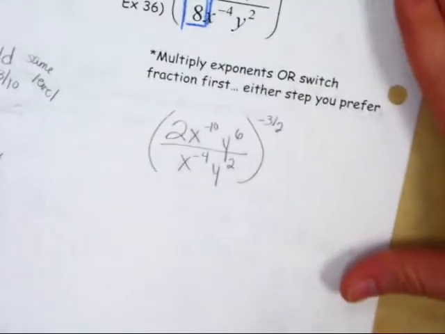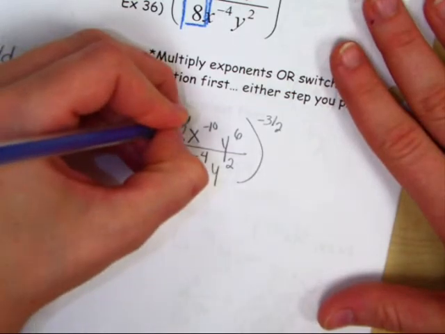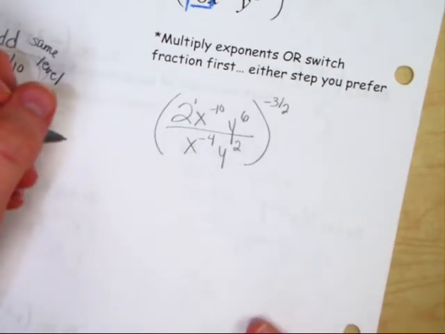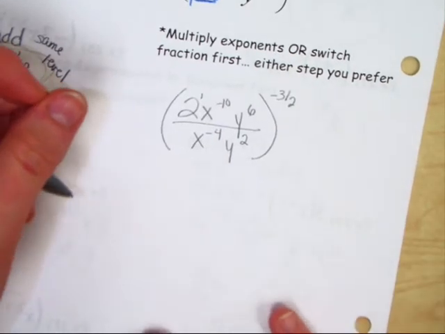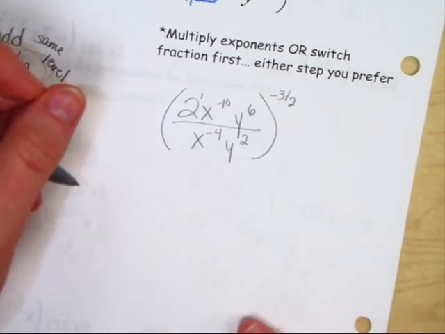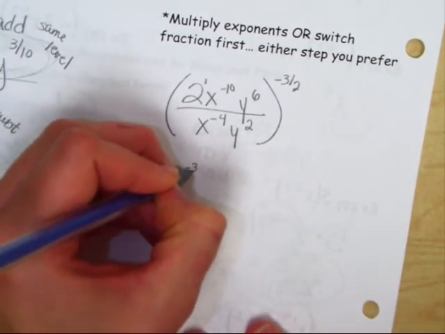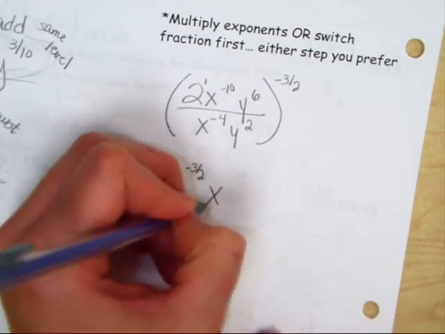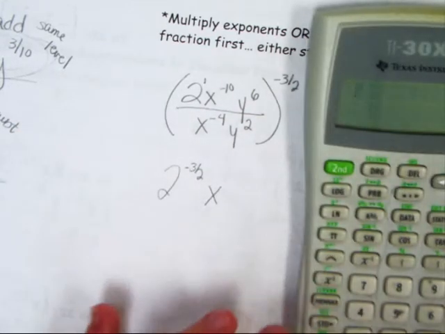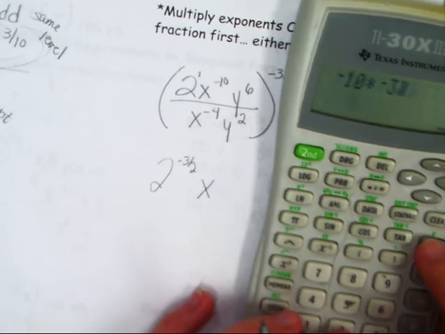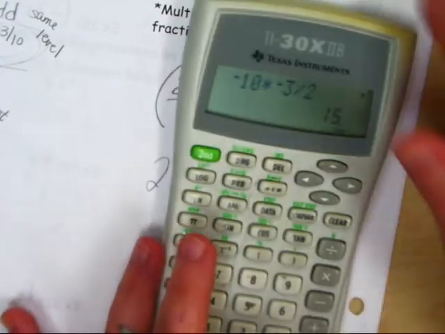All right, let's distribute in. Every single thing gets multiplied by -3/2. So we get 2 to the -3/2 power. X to the, okay, you ready? We're going to do -10 times -3/2, 15.